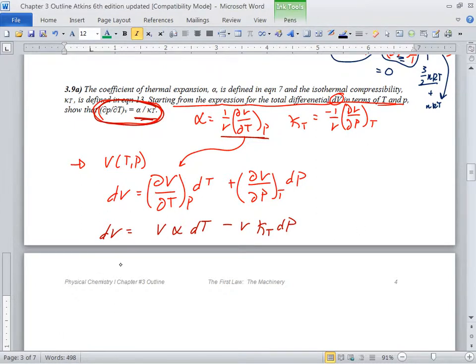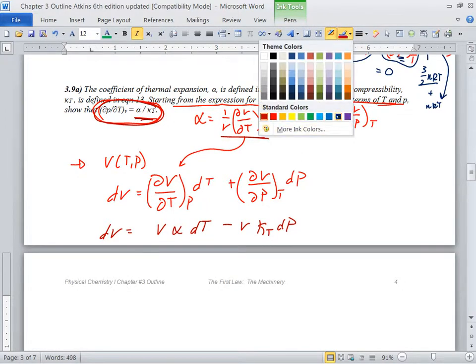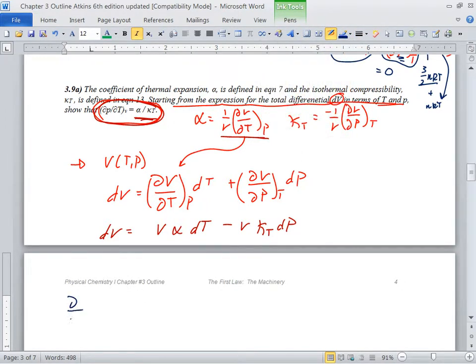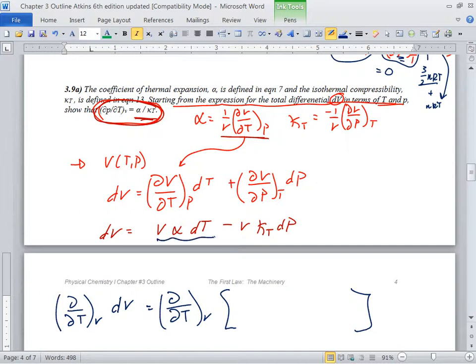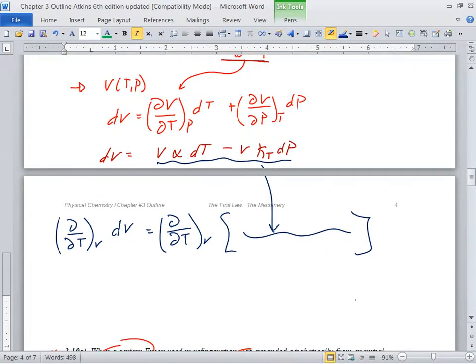So what I did then is I went through on both sides and did this to both sides. You see what's going to happen here. They're saying that v is constant.